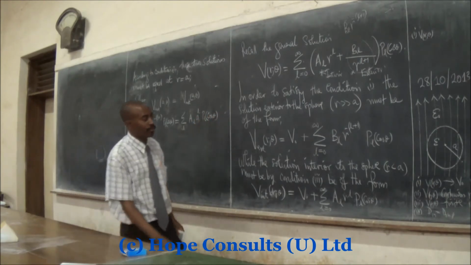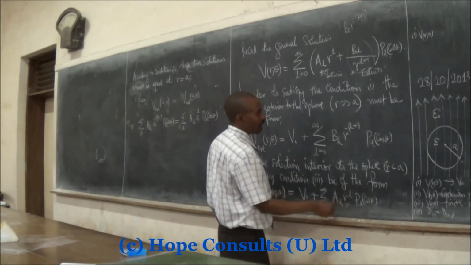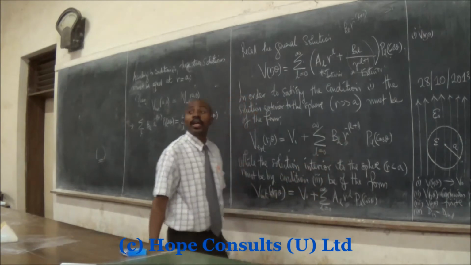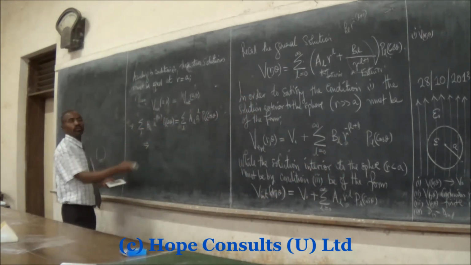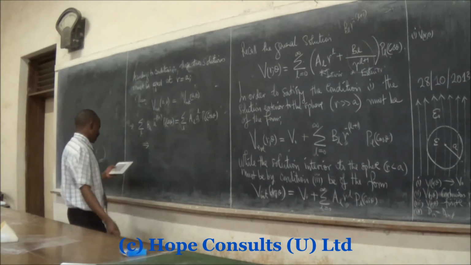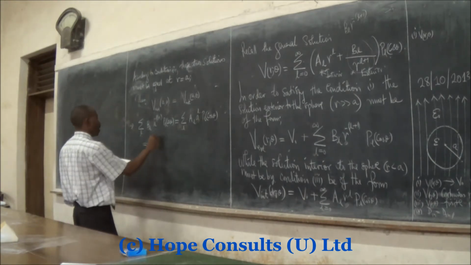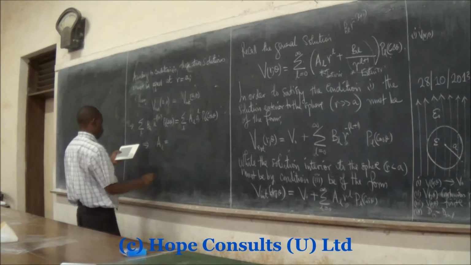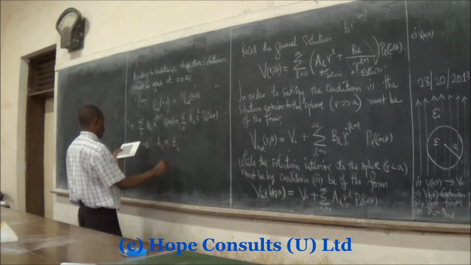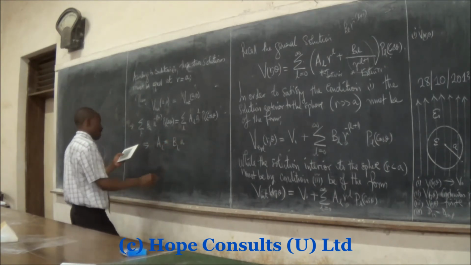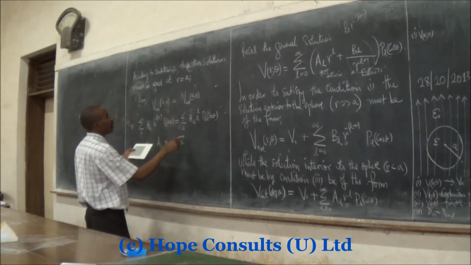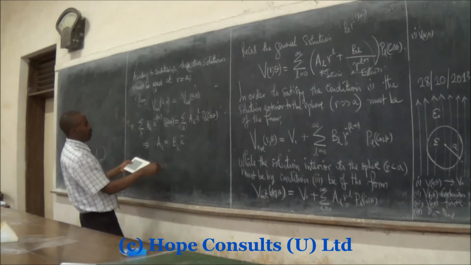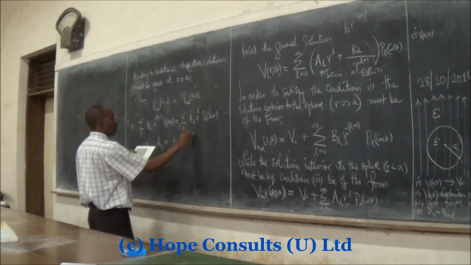I've substituted a wherever there is r. Doing the same on both sides, we get A_l equal to B_l a^-(2l+1).